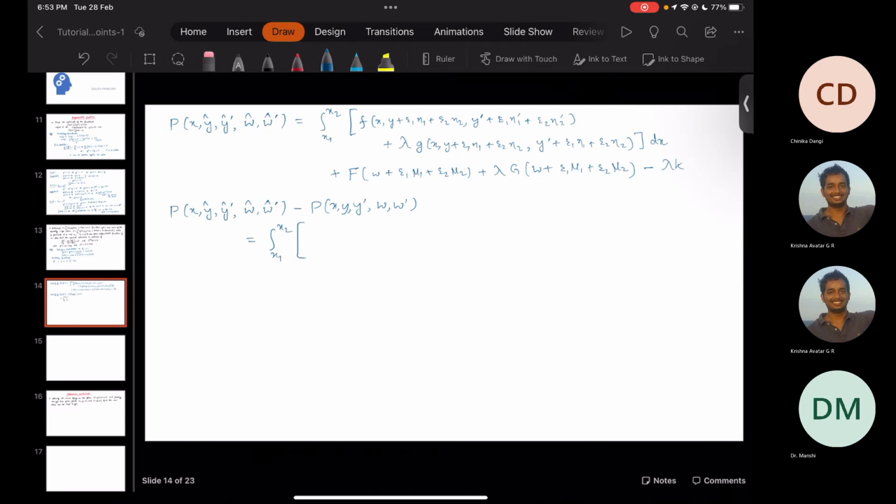and what we do is let's expand the f in terms of a first order perturbation, first order Taylor series. Let's express this function in terms of a Taylor series up to first order in epsilon 1 and epsilon 2.